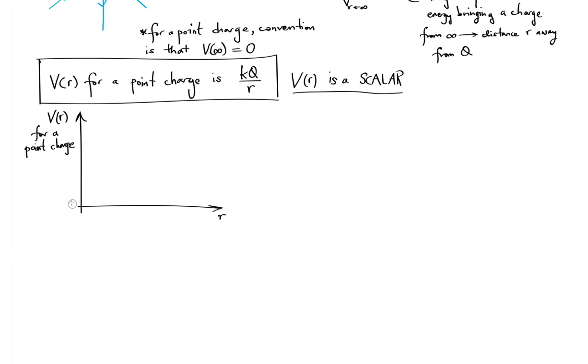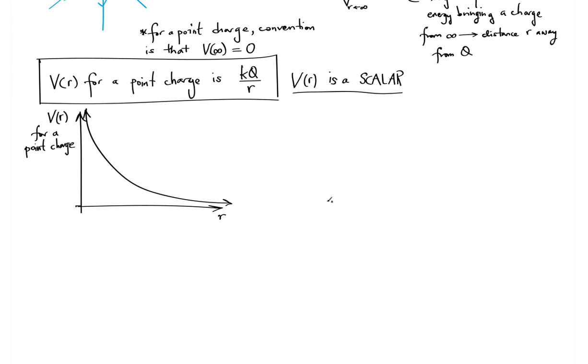And I'm not going to worry about it going to minus R. R is equal to 0 is exactly where the point charge is, right? And so KQ over R will look something kind of like this, right? It'll diverge near R equals 0, and it'll asymptotically go to 0, but never quite reach it, right? So this is what V of R looks like.